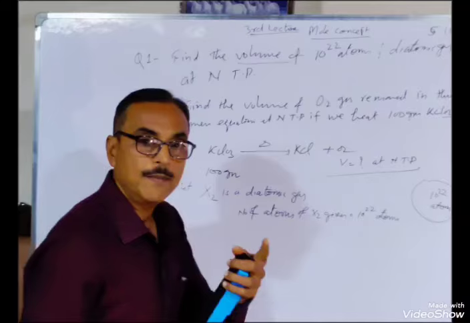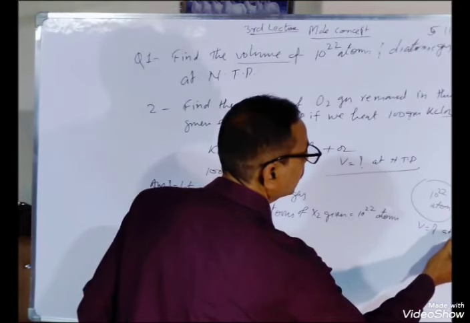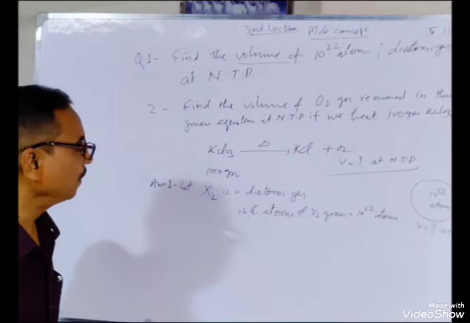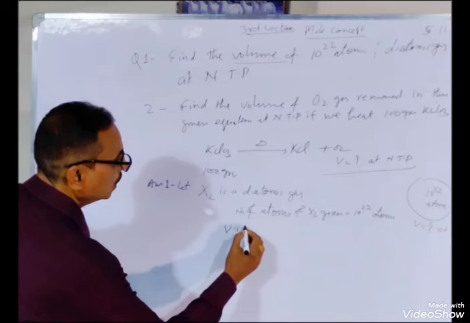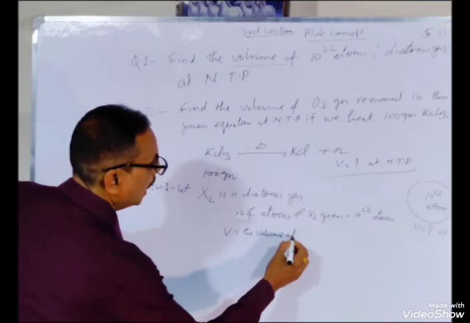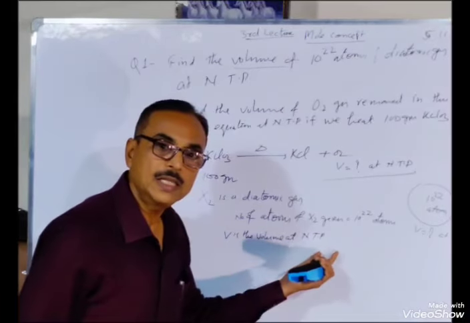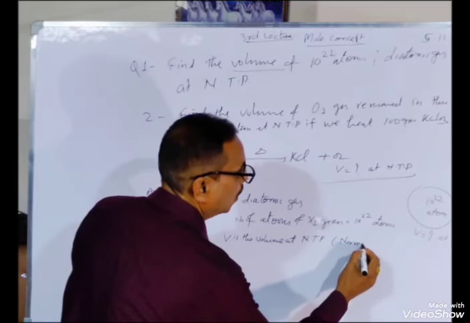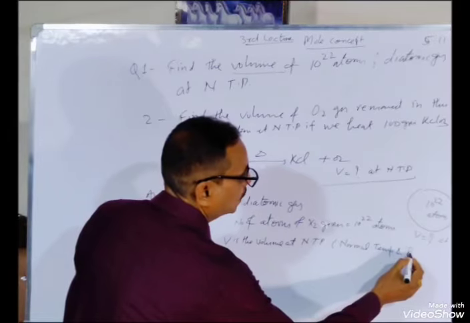Now you have to find out the volume at NTP. Suppose V is the volume at NTP. NTP means normal temperature and pressure.